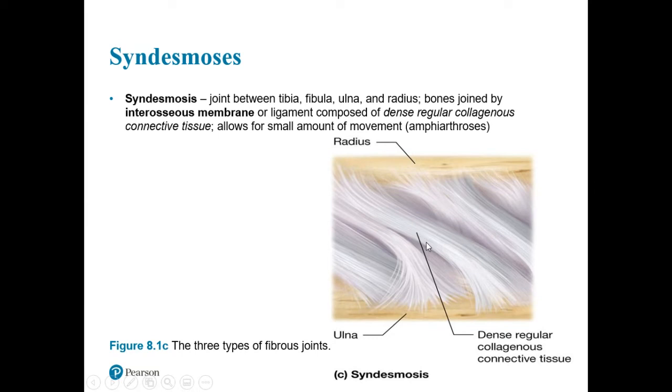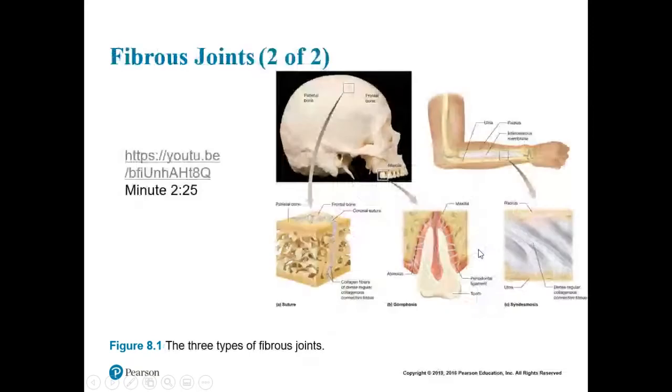That one is a lot less movable, if it even moves at all, than the forearm, but nevertheless they're held together by interosseous membranes. So, a very strong connection there.